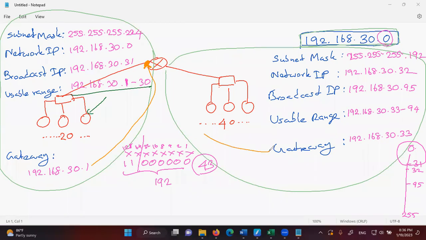Here in this network, this is the gateway. This IP will be assigned to this place. And this usable range, we can allocate to the computers. So this process we call subnetting. We can divide a block of IPs into smaller segments, further small segments.